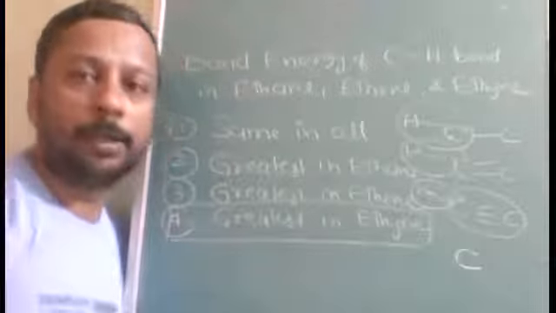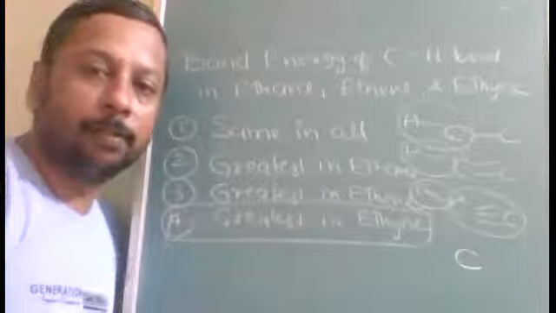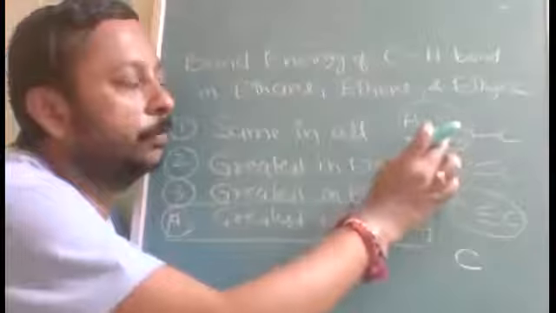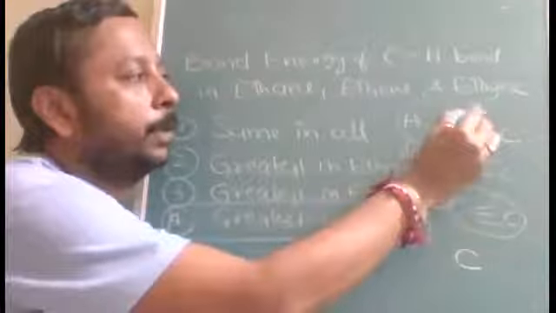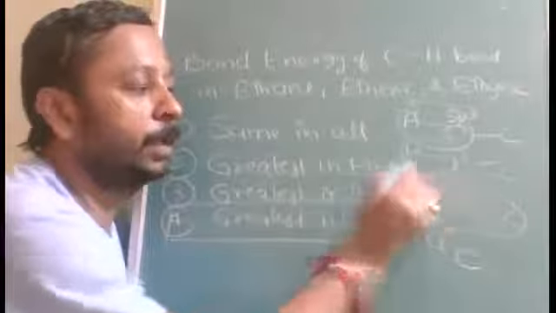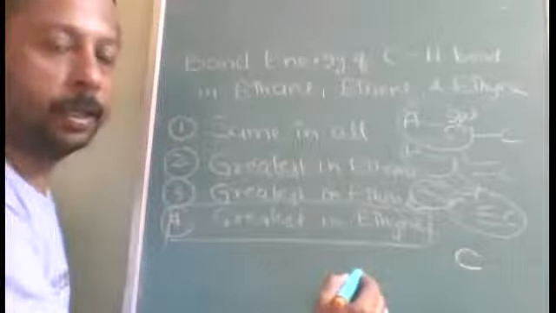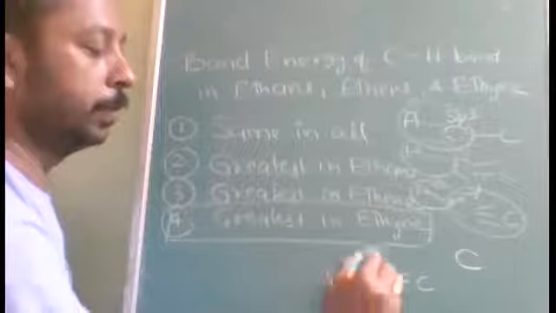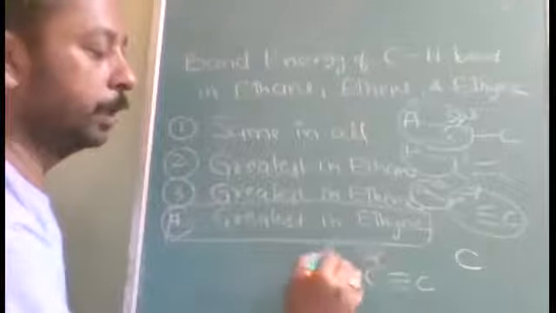So hybrid orbitals are less, therefore bond length will be less. Here this bond formed is sp3 and s. Here this bond formed is sp and s. Is that clear? I am writing it clearly here. In C triple bond H, this bond is of sp and s.